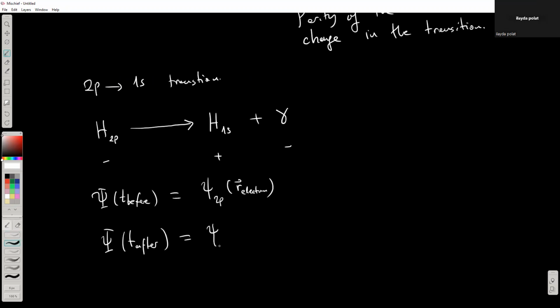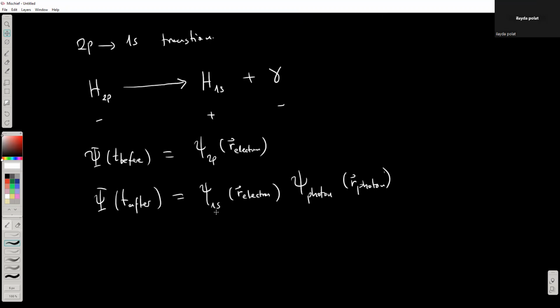So the wave function after the transition is the wave function of the electron multiplied with the wave function of the photon. I'm just writing this symbolically. So the wave function of the photon should depend on the position of the photon, right? So that's the simplest possible picture.